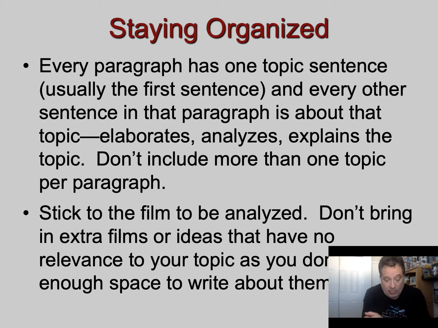So if you're writing about the representation of Italian Americans in Goodfellas, you might write something like, another prevalent stereotype in movies about Italian Americans is ... Goodfellas features that in this way, right? So your reader sees that, okay, this paragraph is going to be about this stereotype, and I see how it's connected to the overall argument.